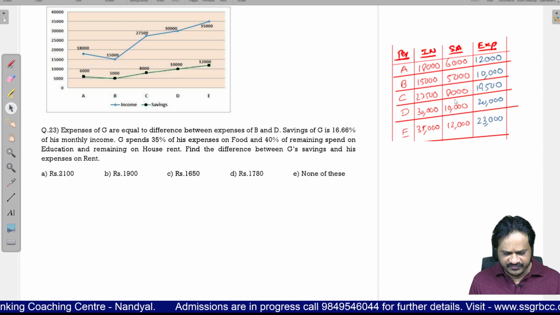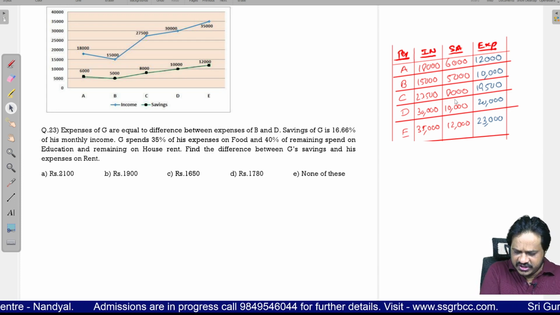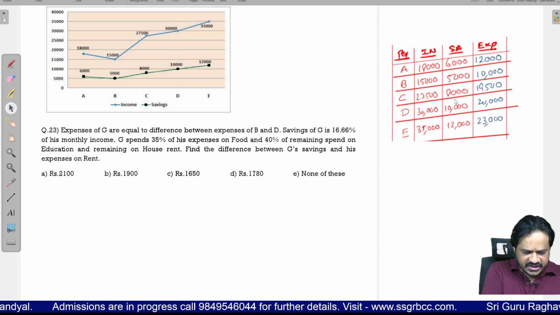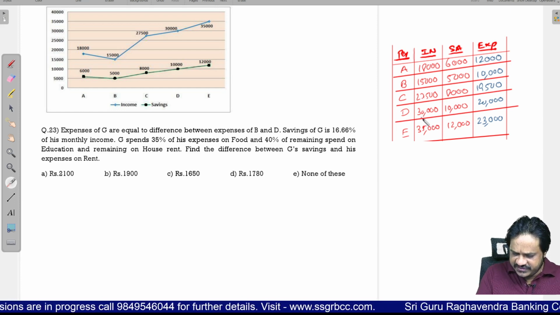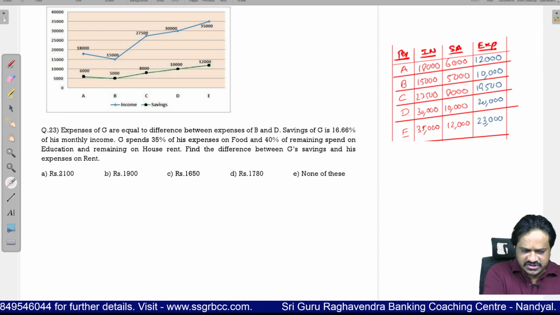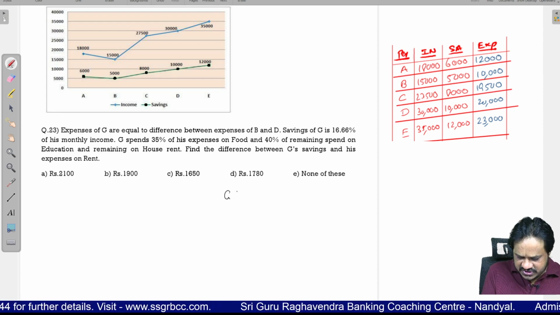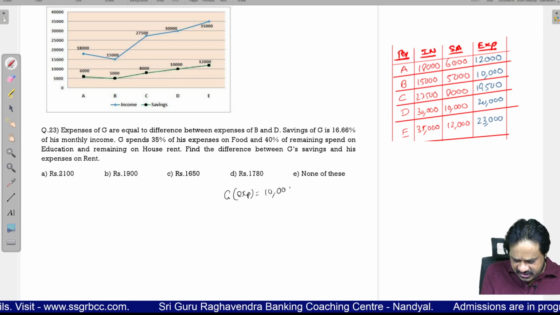So, G expenditure is the difference of B and D expenditure. What is B expenditure? 10,000. What is D expenditure? 20,000. So, the difference is 10,000. So, G expenditure is 10,000.